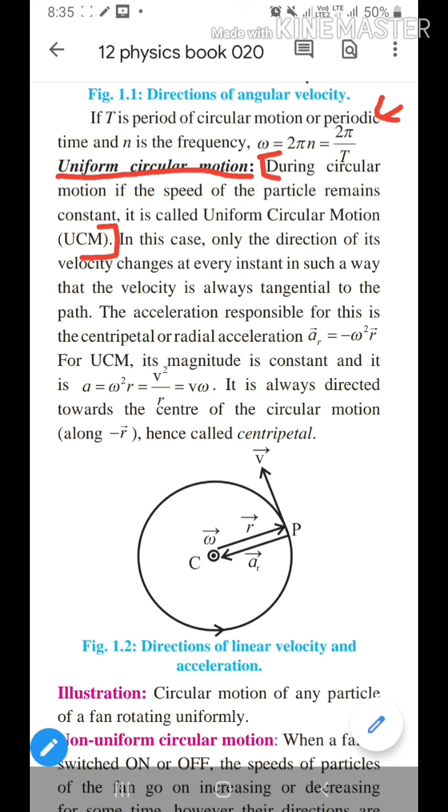then from the numerical point of view, the formula for period and frequency shown in this bracket is very important.